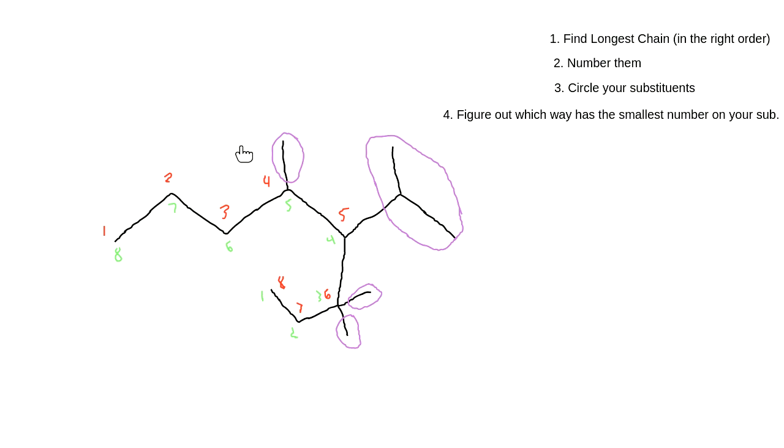Before we do any of that, let's name our substituents. And that will make life easier for you guys. So can anyone tell me what substituent we have right here on carbon 4? Methyl. Okay. What about this one right here?